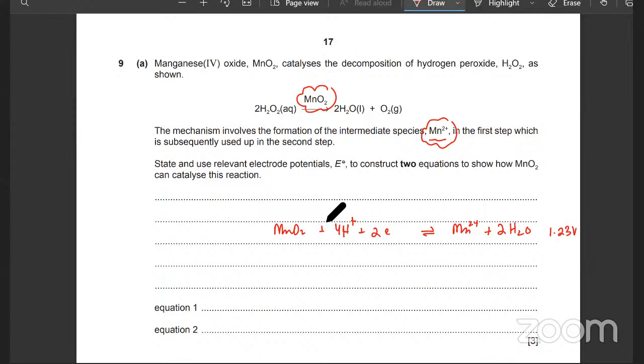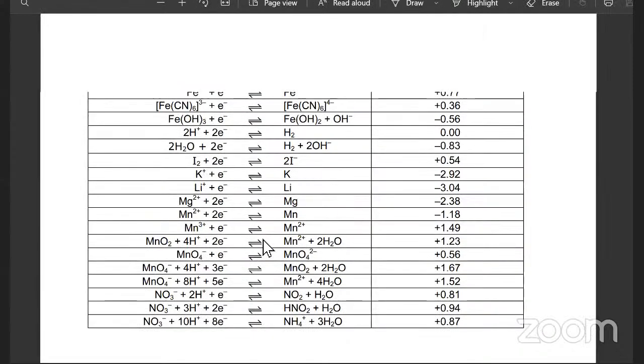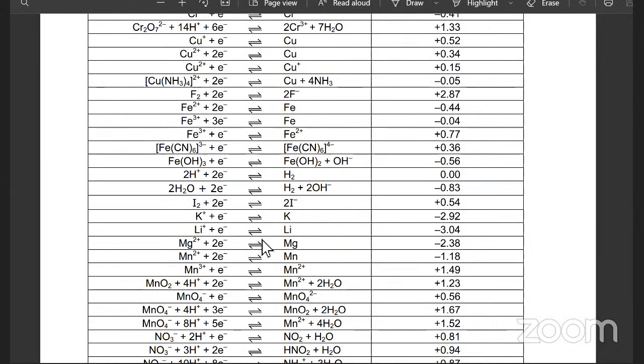Now, what is it going to react with? He's saying the mechanism involves the formation of the intermediate species Mn2+ in the first step, which is subsequently used up in the second step. State and explain the relative E0 values to construct two equations. So what is the first equation? It's probably going to react with H2O2. So we're going to have a look at H2O2. How many equations do we have for H2O2?